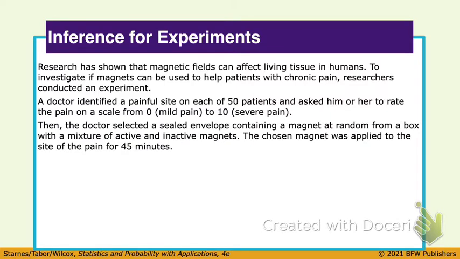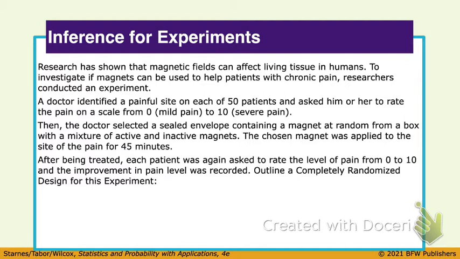Then the doctor selected a sealed envelope containing a magnet at random from a box with a mixture of active and inactive magnets. The chosen magnet was applied to the site of the pain for 45 minutes. After being treated, each patient was again asked to rate the level of pain from 0 to 10, and the improvement in the pain level was recorded. So go ahead and draw out that tree diagram, and that is going to be your completely randomized design.